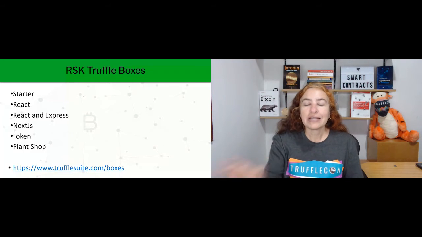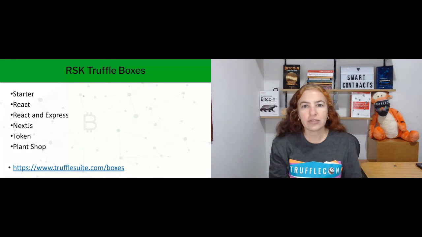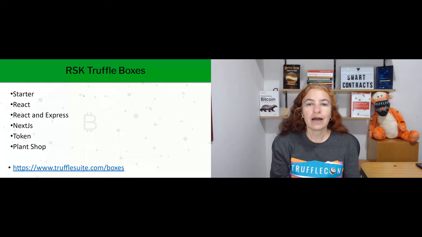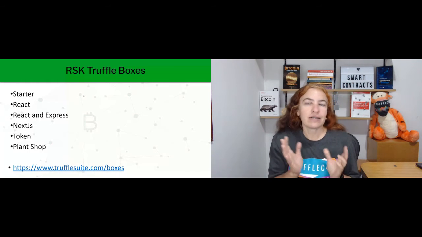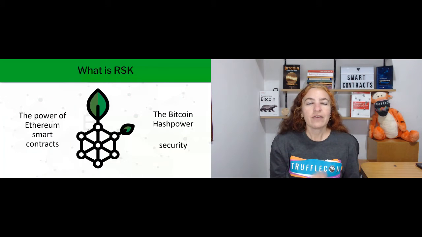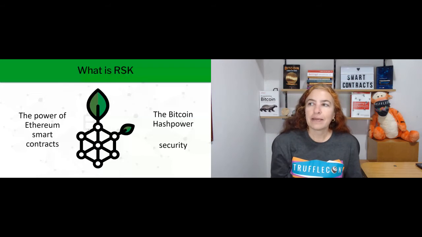But before, I'd like to talk a bit about RSK. Maybe some of you watched the great presentation from Sergio today. Now, what is RSK in short? For me, RSK is the power of Ethereum smart contracts and at the same time the Bitcoin security and hash power.